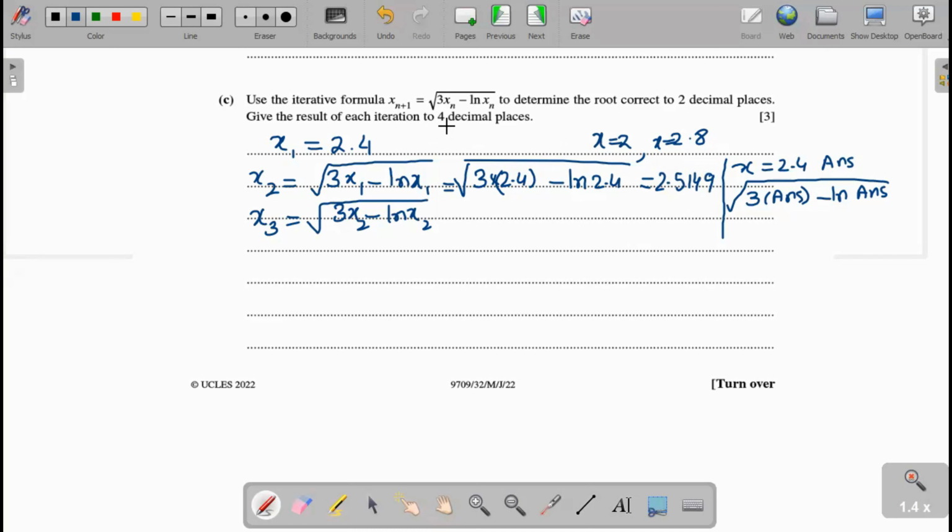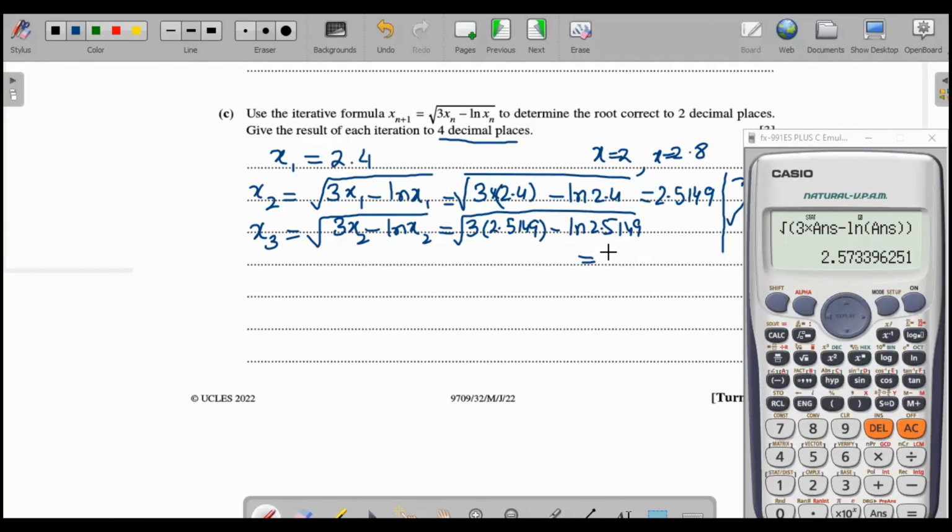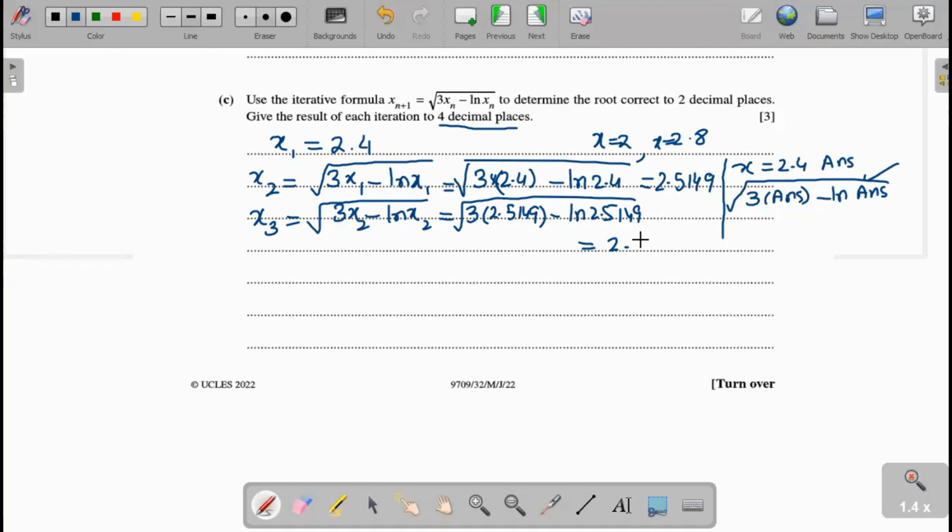For the next value, we do the same: 3 into 2.5149 minus ln 2.5149, and this value is 2.5734.